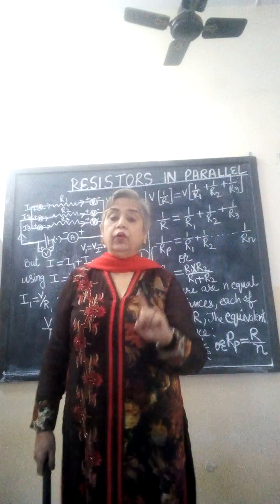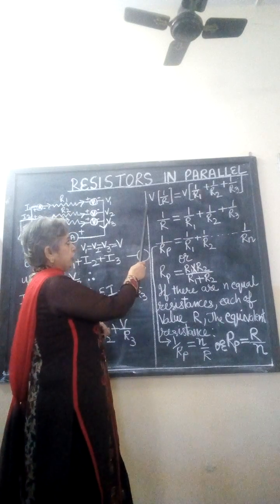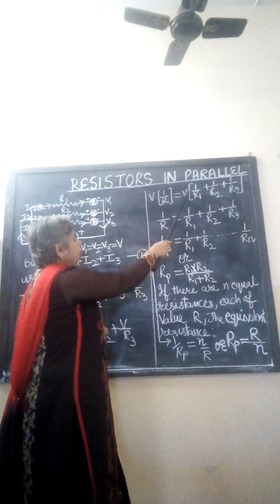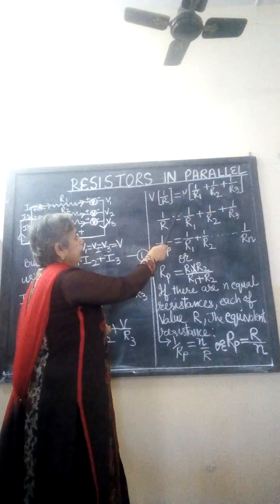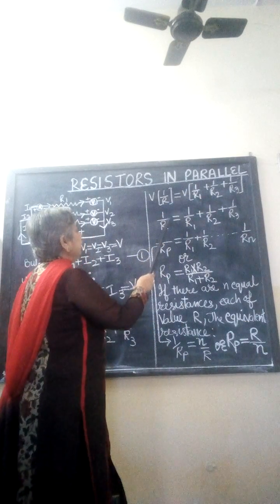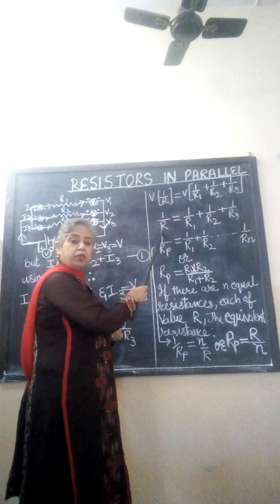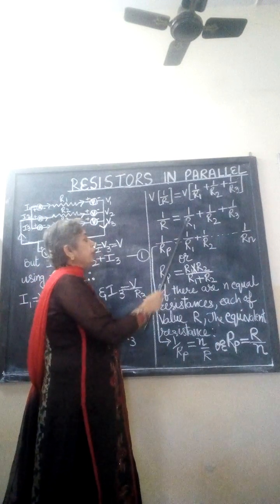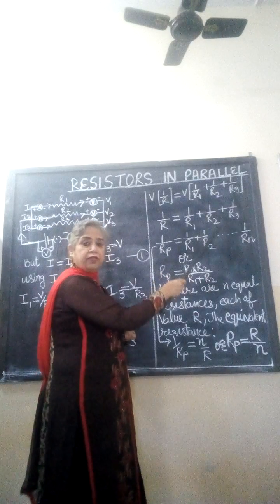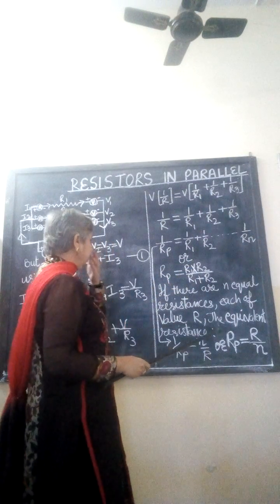Right? Now, in order to eliminate V from the equation, we take V common. So V on the left hand side and right hand side gets cancelled, and we get that reciprocal of the equivalent resistance of the circuit is equal to sum of reciprocals of individual resistances.